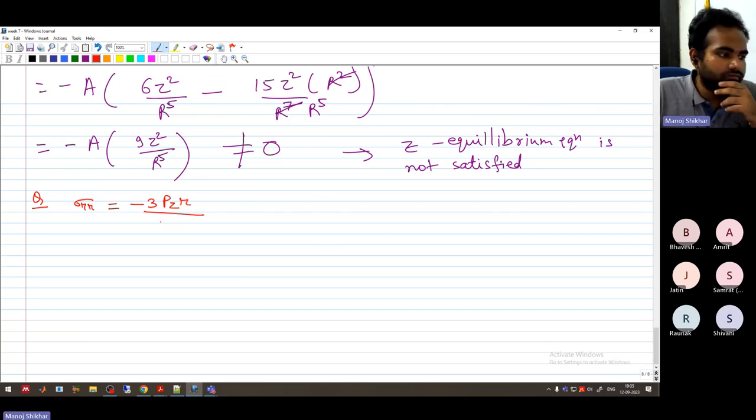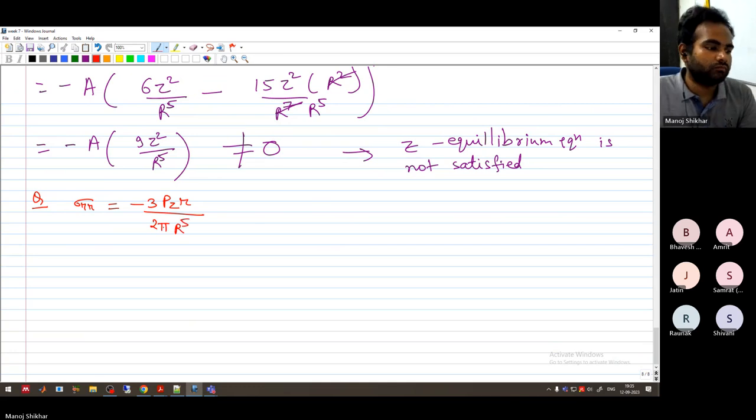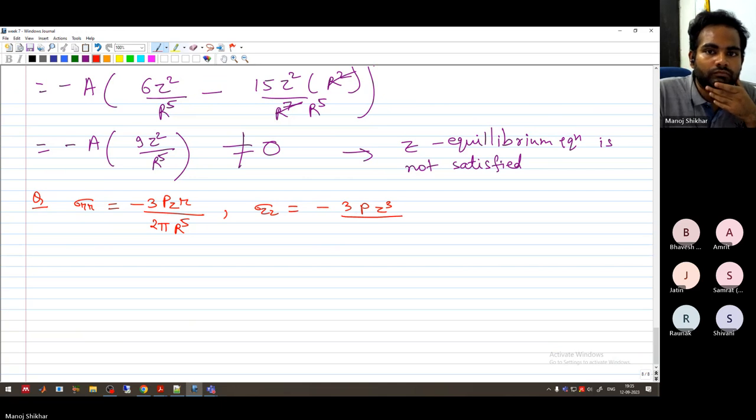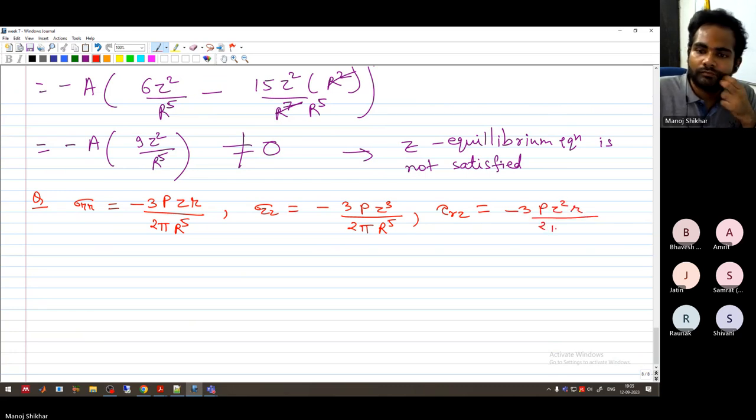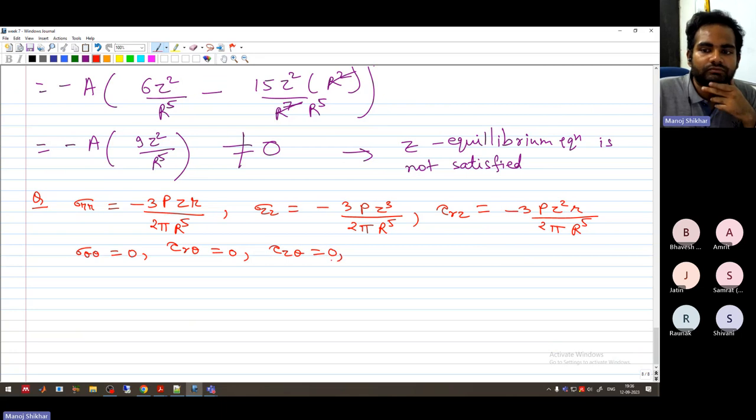You are given sigma RR, sigma ZZ, tau RZ, and you are given sigma theta theta as 0, tau R theta is 0, and tau Z theta equal to 0. You are again given R square equal to Z square plus small r square.